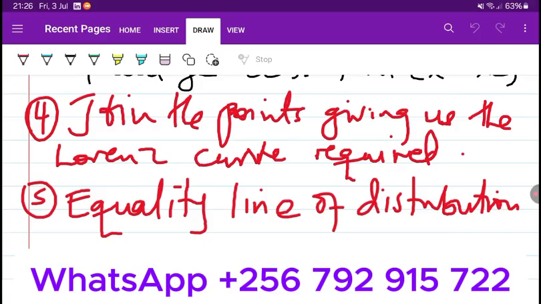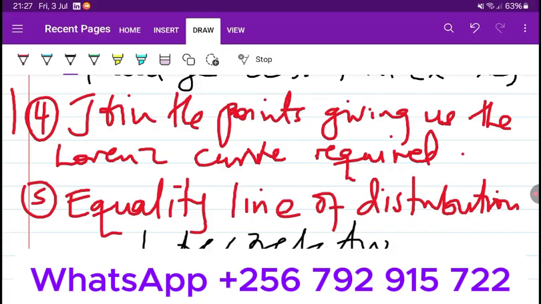Of course, the key thing that we need to look at as far as a Lorenz curve is concerned is basically its interpretation. The big question is, how do we interpret the Lorenz curve?